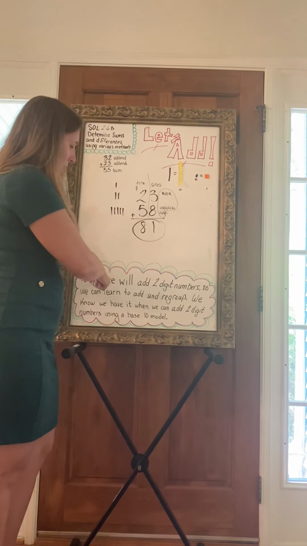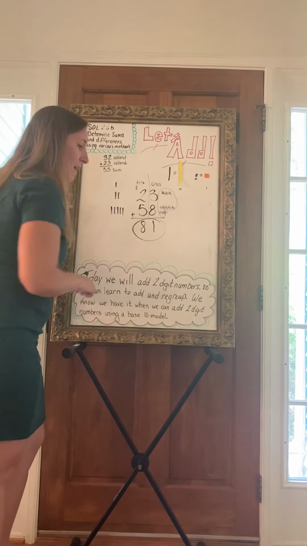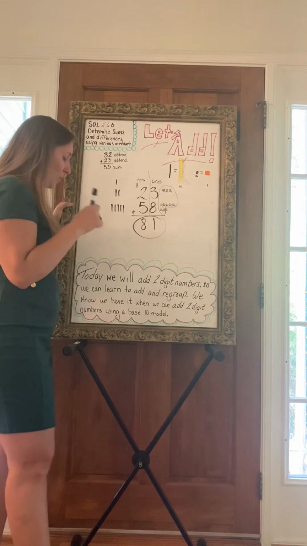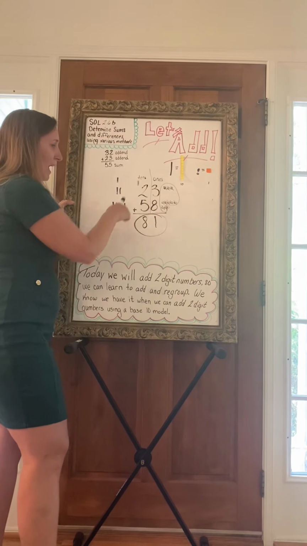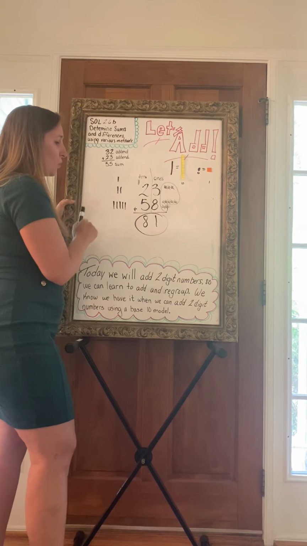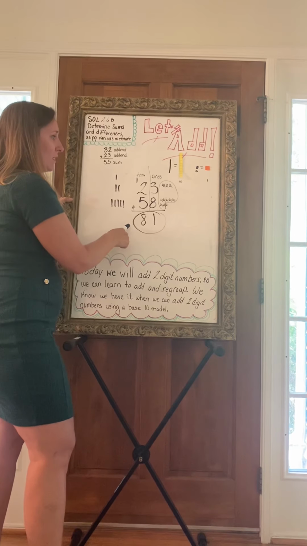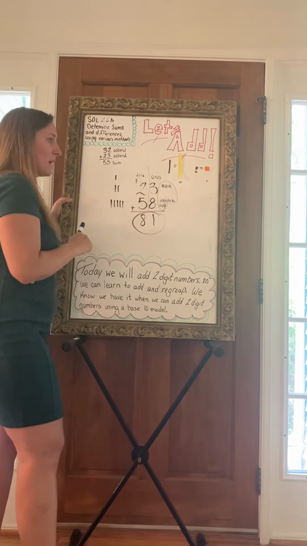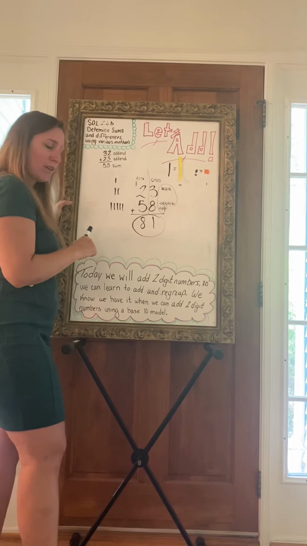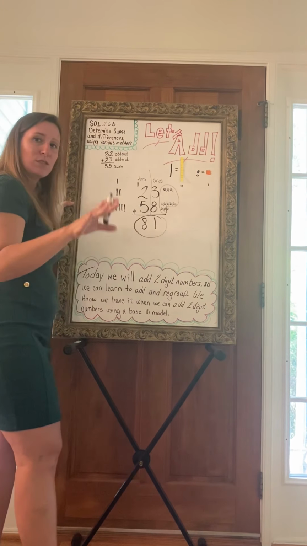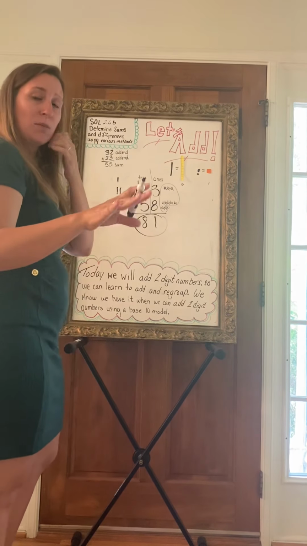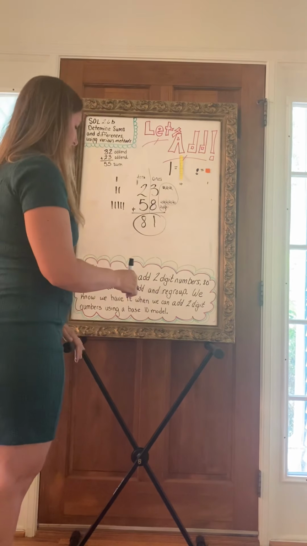So, today we added 2-digit numbers. And we did that so that we could learn how to add a 2-digit number and regroup using our base 10 model, drawing out our base 10 models. Please use your cubes, your base 10 blocks if you need them.